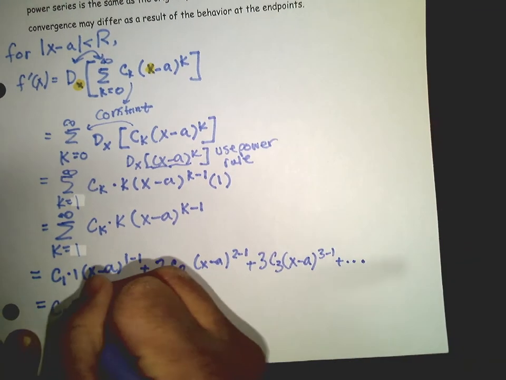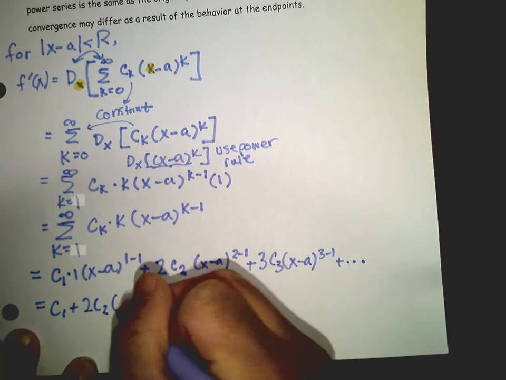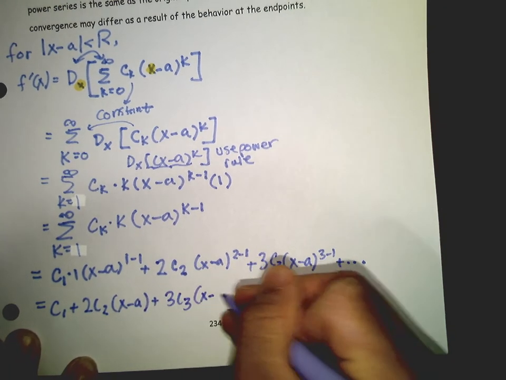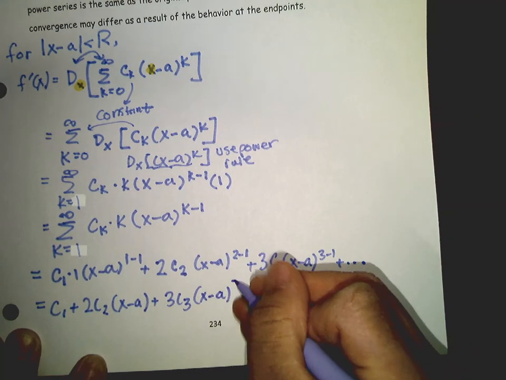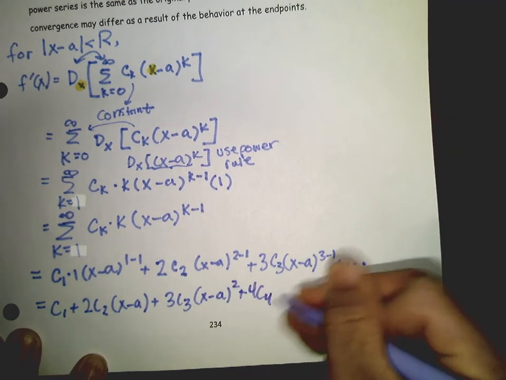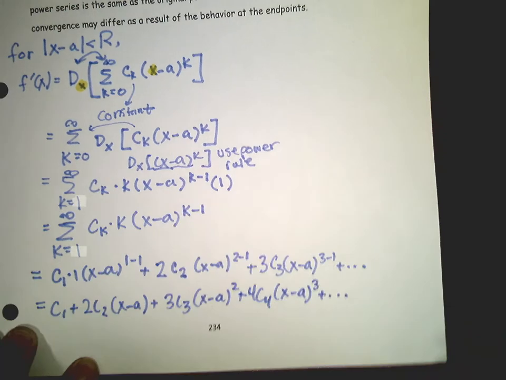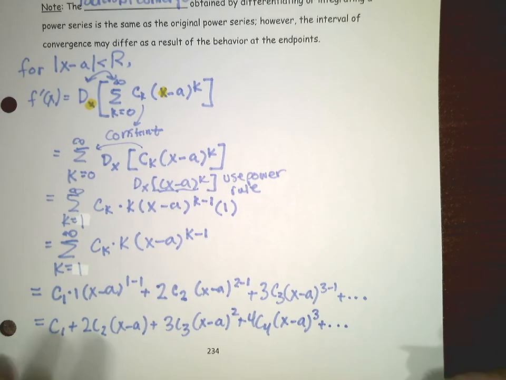So I have c1 plus 2c2 (x minus a) plus 3c3 (x minus a) squared plus 4c4 (x minus a) cubed, and so on. All right, so now let's go ahead and look at the integrals of these power series.